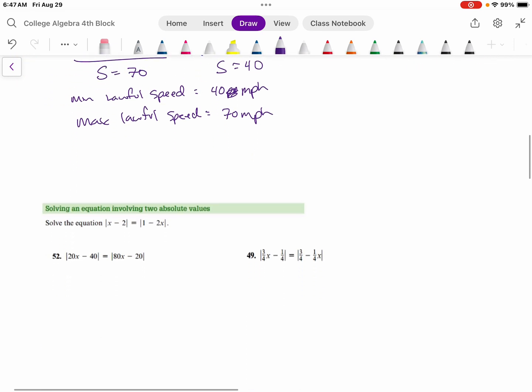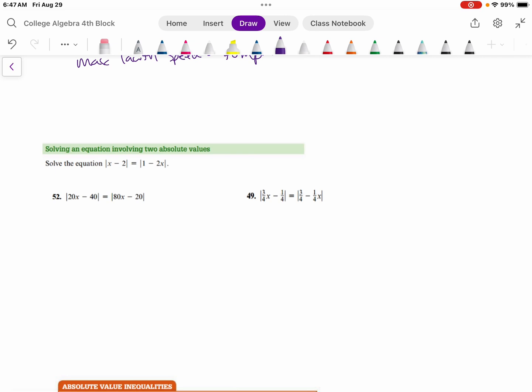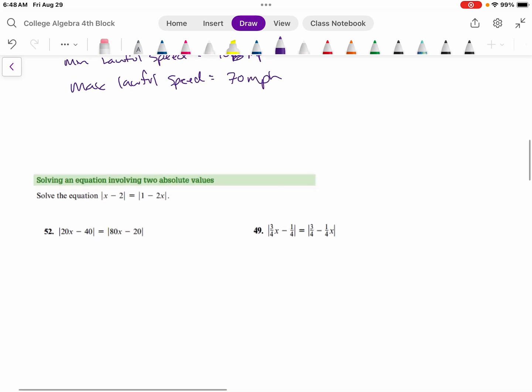All right. So now, a variation of the absolute value is what happens when you have two absolute values in your problem, one on each side. What you have to do is pick one of the sides to get the plus and minus in front of the equation. As I go through this, I'm going to write down the left side each time, so the 20x minus 40. I'm going to set it equal to the positive version of the right side.